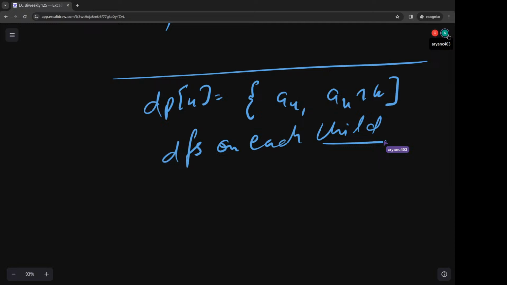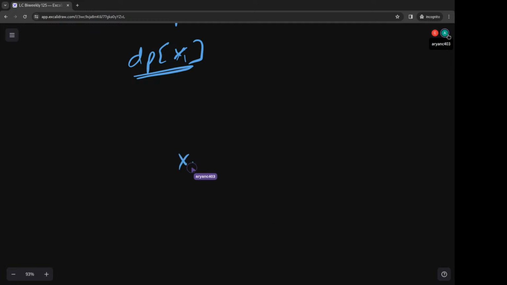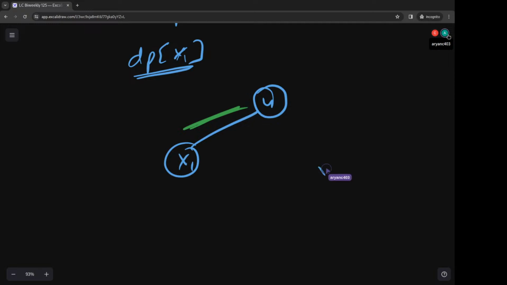And if DP x1 is with us, then what can happen over here? X1 and U. Either we have used this edge or we have not used this edge. There can be two cases, right?